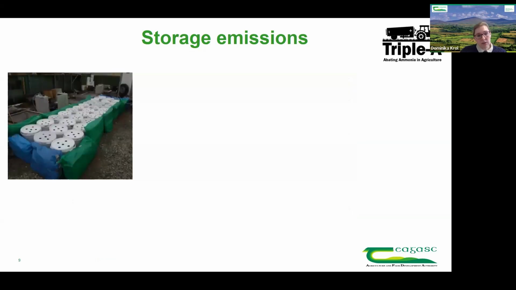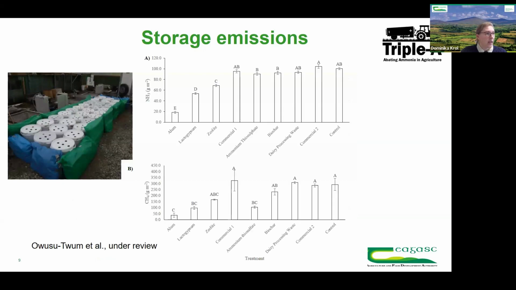So scaling those small scale incubations a bit further, in one of the projects I recently had, we worked at that kind of 20-liter slurry scale, and again looked at ammonia and methane emissions. So that's represented by the two graphs here over winter storage. So we've tested again a number of further additives that are becoming available or popular.